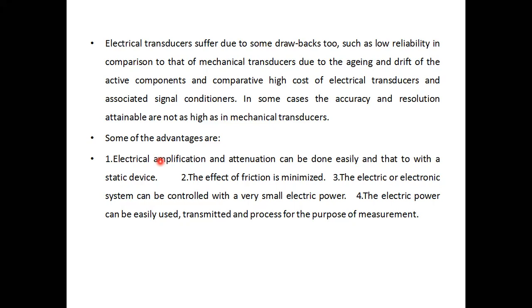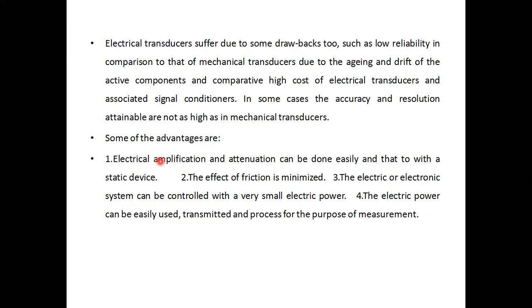If it is not an electrical parameter, then I can't modulate two pressure signals. I can't modulate two temperature signals. Okay, I can't modulate temperature. I can't modulate pressure. I can do this if they are converted into electrical signals.